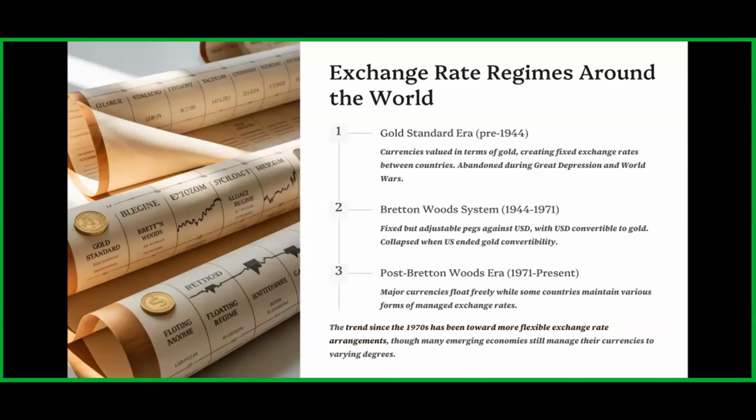Before 1944, there was no exchange rate system as we see today. This system we call the gold standard era, which means the currency is valued in terms of gold. I told you in some previous sessions that 20 dollars is paid for 1 ounce of gold.